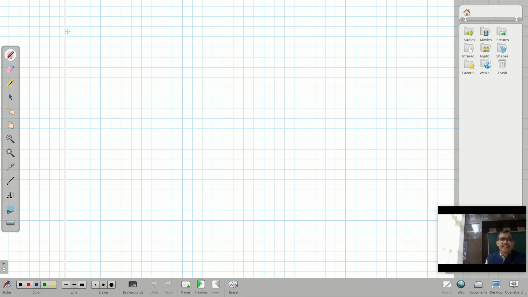As we know, x is equal to r sine theta cos phi, y is equal to r sine theta sine phi, and z is equal to r cos theta. Let me try to find x dot, y dot and z dot.